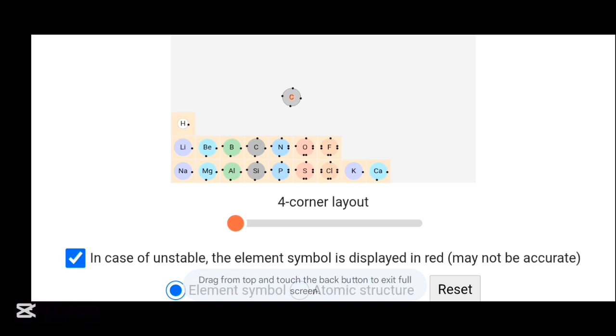As we can see from this simulation, carbon has 4 valence electrons that are ready to pair. So in this case, we'll try pairing this carbon atom with a hydrogen atom. We already know that hydrogen has only 1 valence electron.